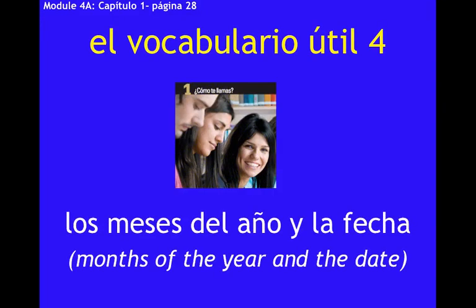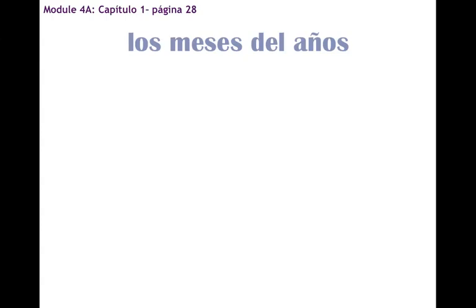Now let's move on to our materia nueva, el vocabulario útil 4, los meses del año y la fecha, months of the year and the date. Muy bien, los meses del año. Repitan, por favor.